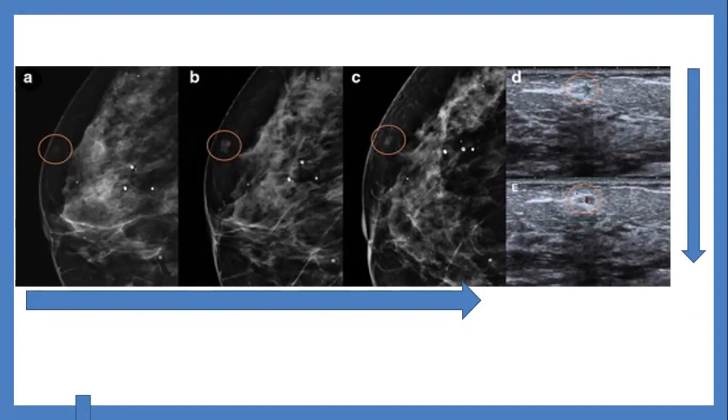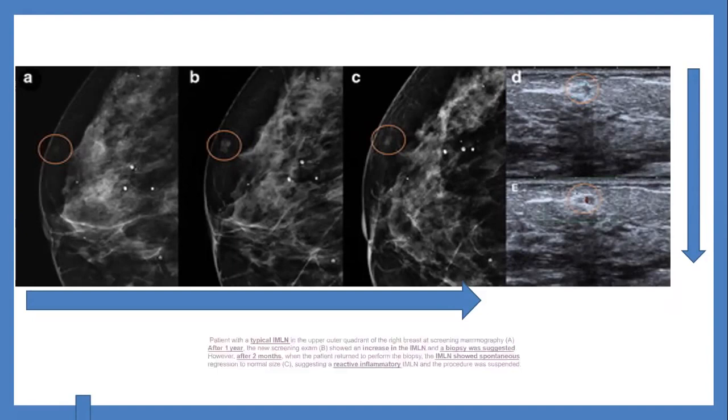Can I say this is regression in the disease process? Yes, regression, despite the increase in size in mammogram B, on interval.